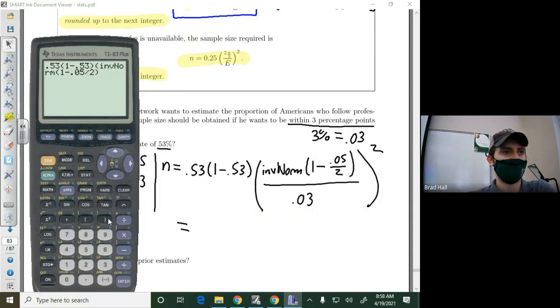Remember, your area, if you have a fancier calculator, is 1 minus 0.05 divided by 2. That is your area. And then however you end up getting inverse normal on your calculator, you keep going. Divided by 0.03, close parentheses, to the second power.